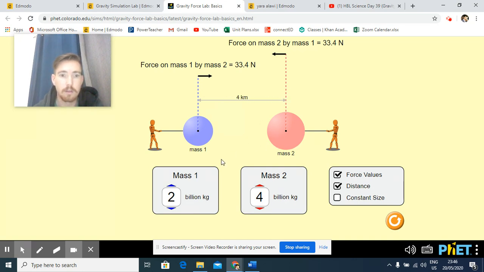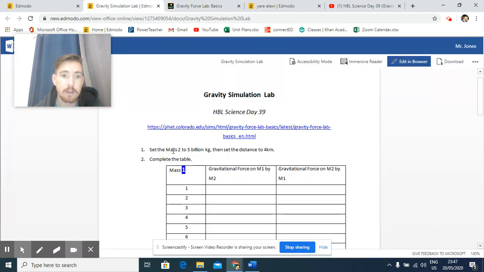Here is where we change the mass of these objects. It said change mass 2 to 5 billion kilograms. So right now we have everything set up the way it says: mass 2, 5 billion kg, distance 4 kilometers. These are going to be considered our constant variables because, as far as this table is concerned, we're not going to change them. We're only going to be changing this.